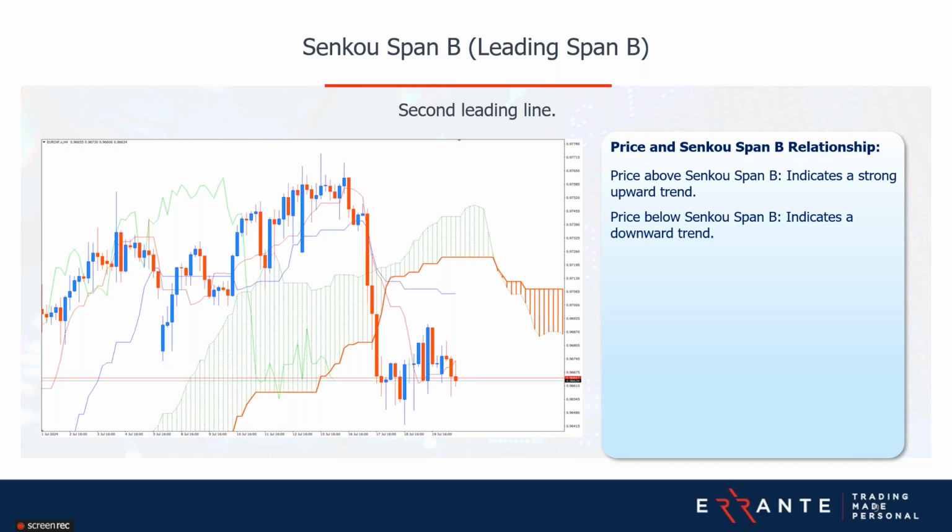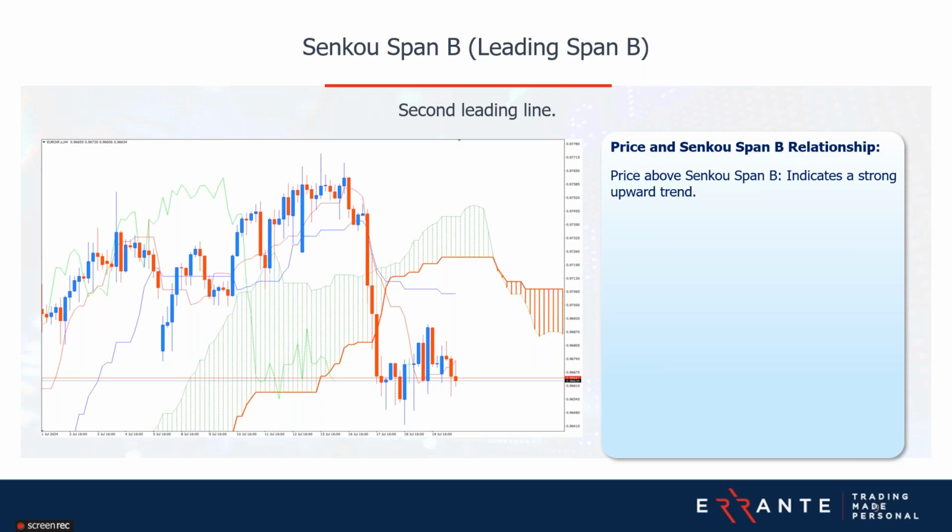Okay, before we get to the interpretation of the relationship between the Senkou Span B and the price, let me highlight this. Due to the longer calculation period that we used for this second leading line, 52 periods, compared to Senkou Span A, Senkou Span B is generally the strongest and most stable support or resistance line in the Ichimoku Kinko Hyo system.